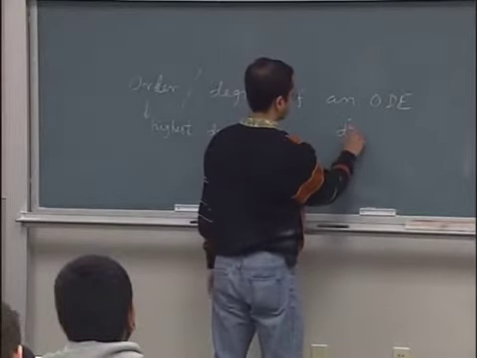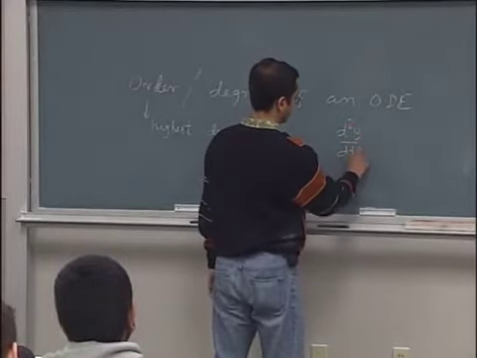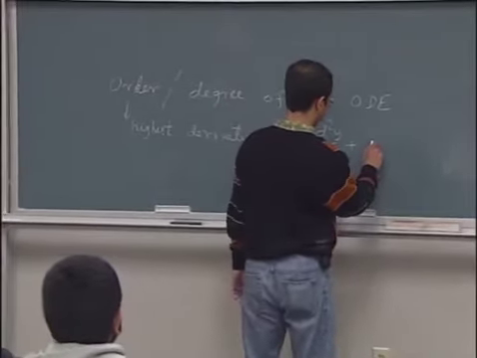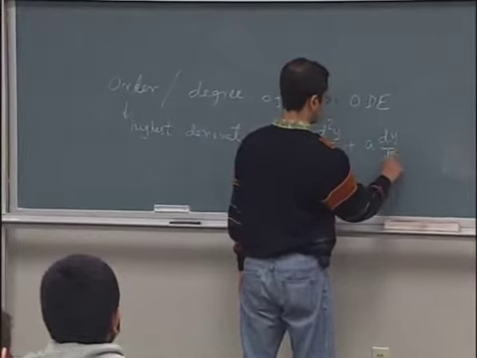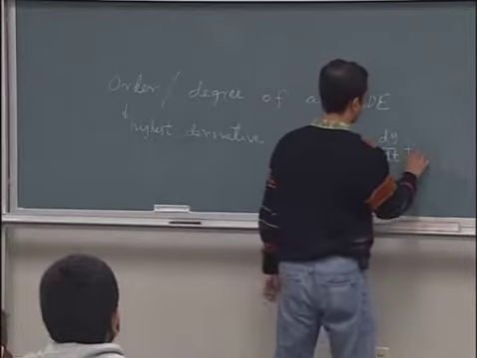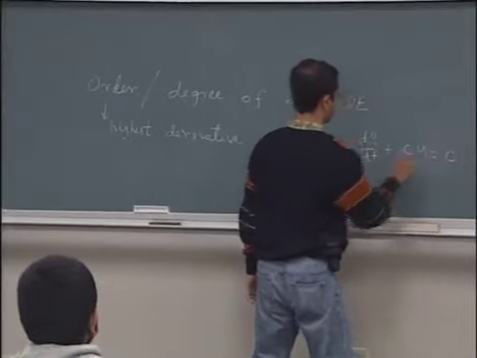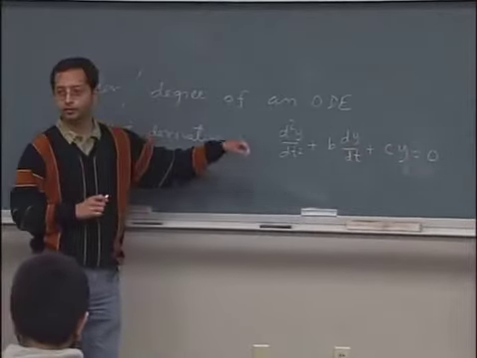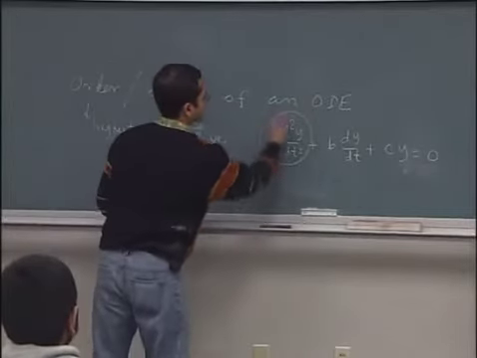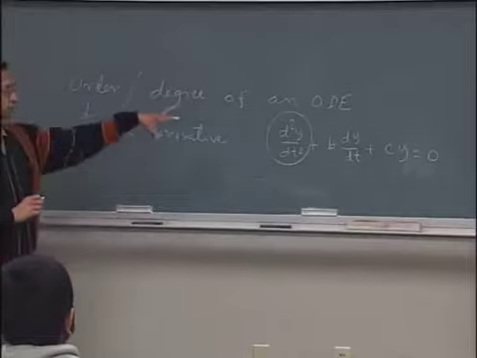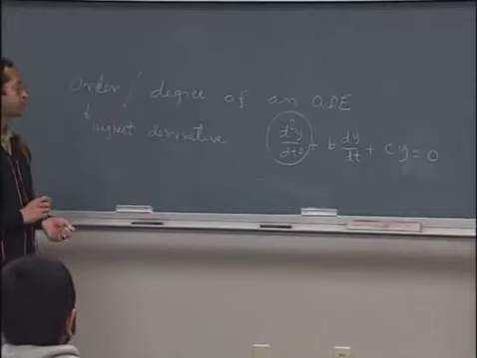So this equation d2y/dt2 plus a dy/dt plus b plus cy equals 0. So what's the order of this equation? 2, because the highest derivative is second order. So the order of this equation is second.